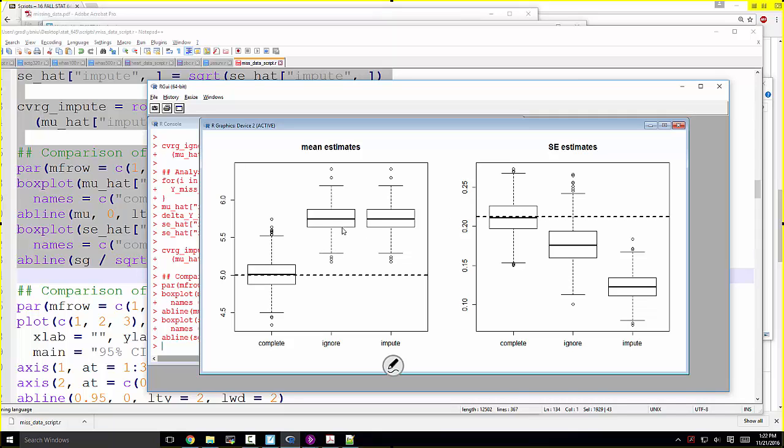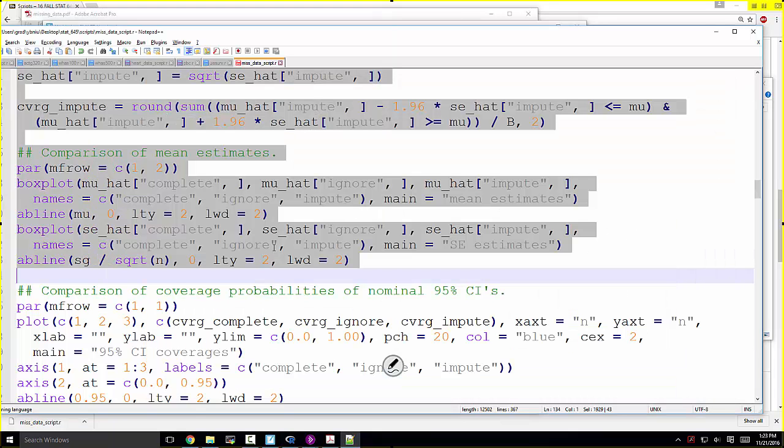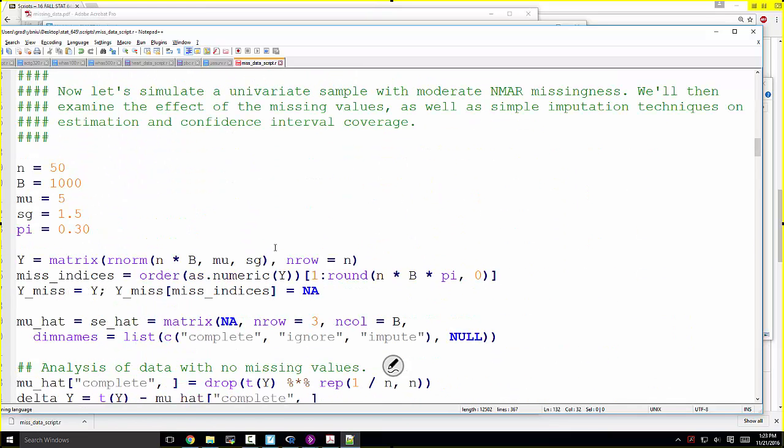For the other 2 cases, ignoring and imputing, there are suboptimal results. In particular, the average, so I think I said it backwards from back here. Instead of taking the top so many and making them missing, I'm taking the lower so many and making them missing.